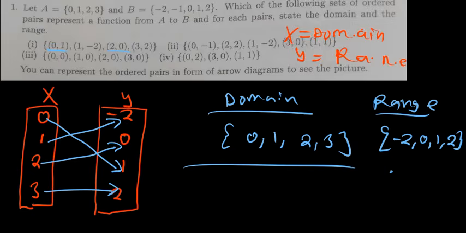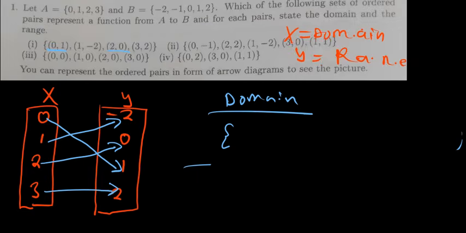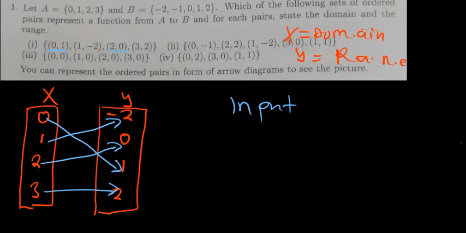Now from here, let me explain. How do you know that this is a function or not? For every input, you must have an output. What I mean is, perhaps you have come across an equation where you are finding two values of x, let's say plus or minus 2.